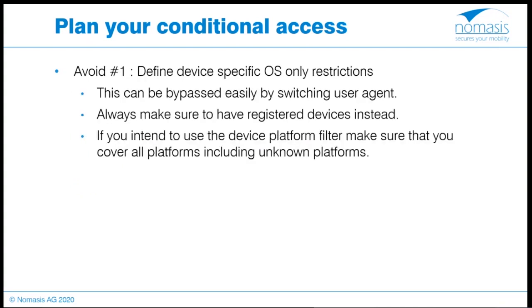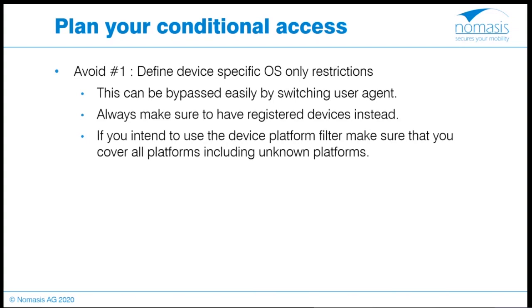One of the things to avoid is to use only OS information restrictions, because there you can, in your conditions, say we apply the restrictions only for, for example, iOS or Android. But by doing that, you are only protecting a little bit.